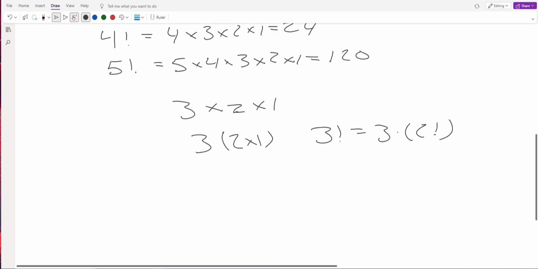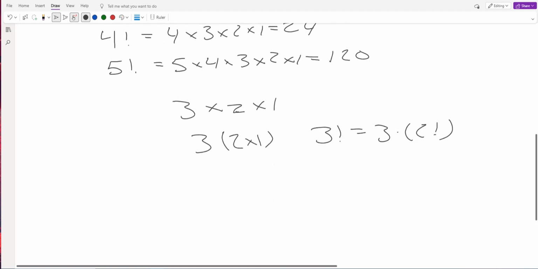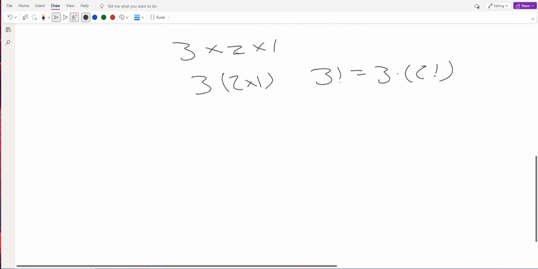And that's going to be really helpful as well. And so another way that we can represent that, going back to our variable n, is n factorial is going to be equal to n times n minus 1 factorial, which is a nice little thing to be able to see.